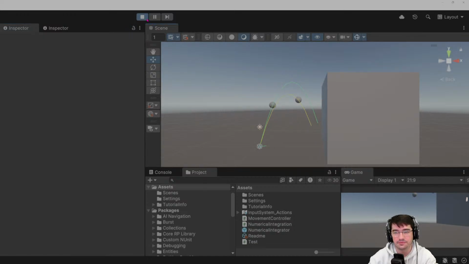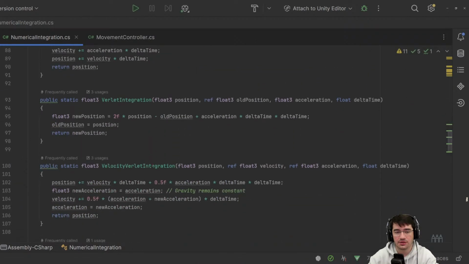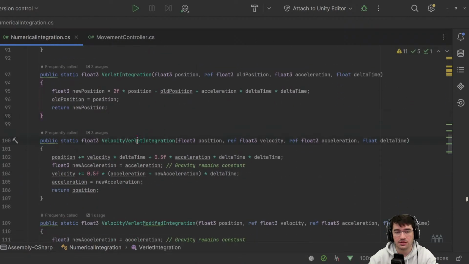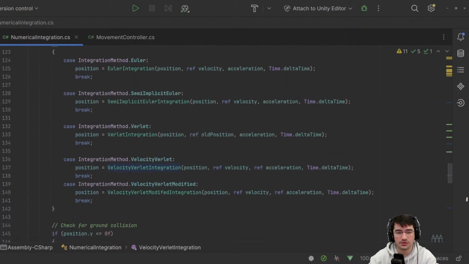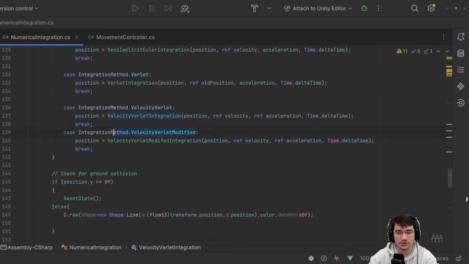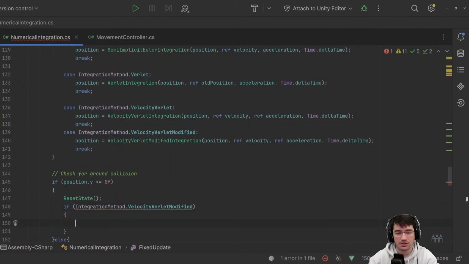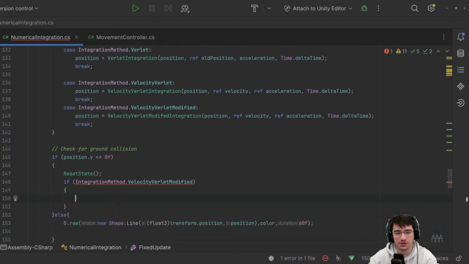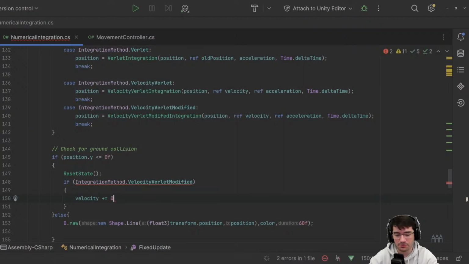Or do I need to have the reset done differently? If it's this one, I also need to update the velocity by half my acceleration.